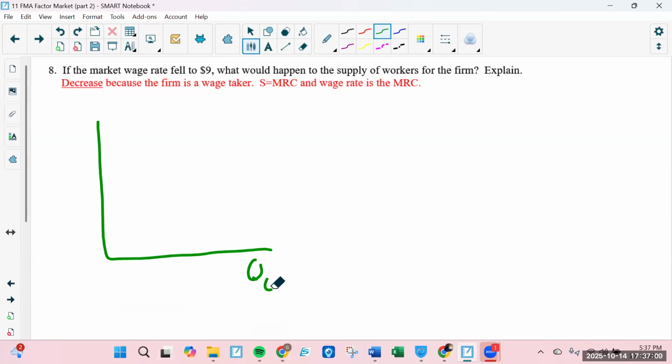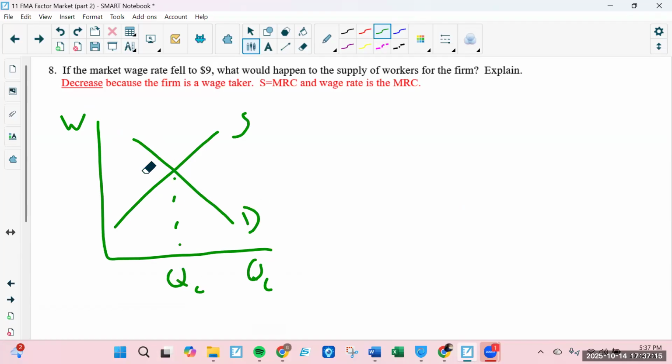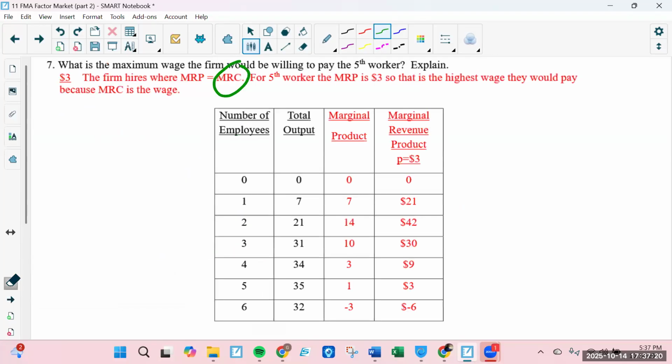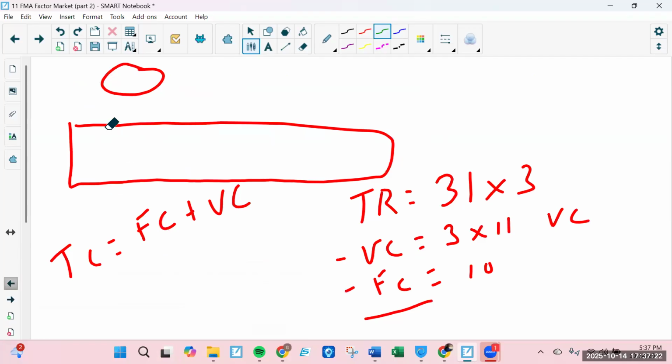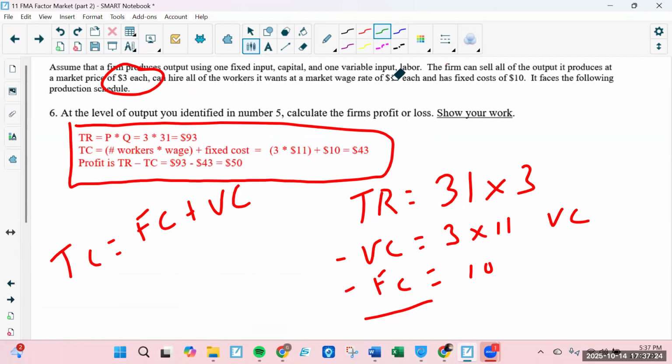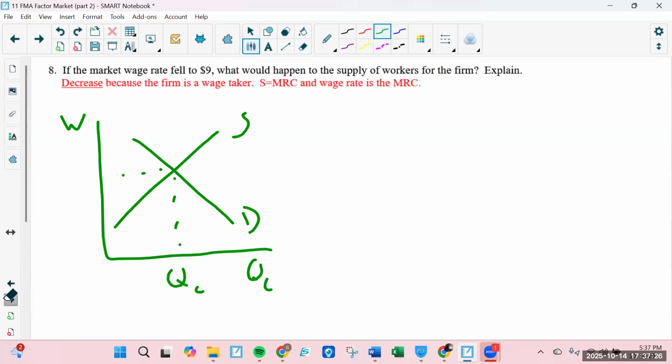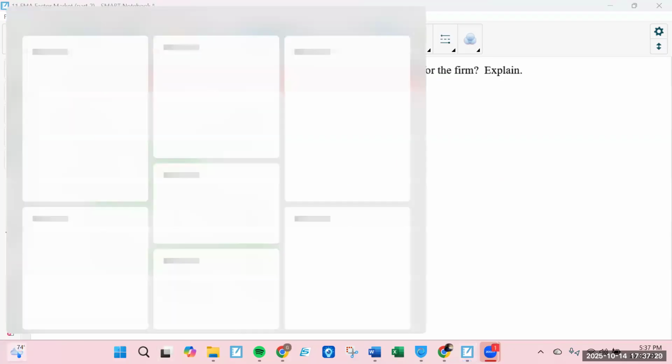This is quantity of labor. This is the wage rate. There's our supply curve, right? And this was the quantity of labor in the market. And this was the wage rate. Let's say the wage rate was, what was it before? 11. The wage rate was 11. So this was actually 11.